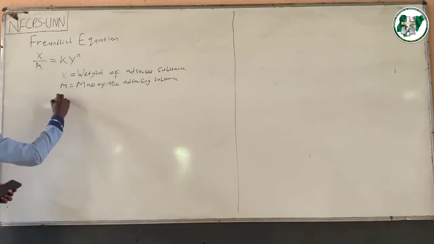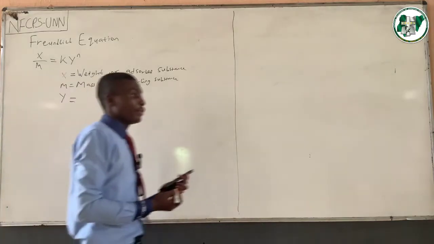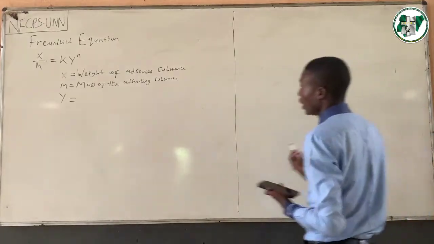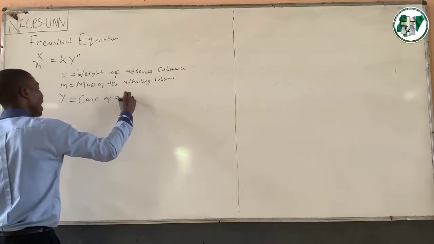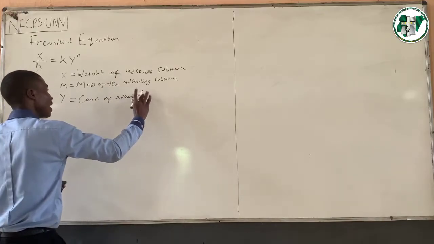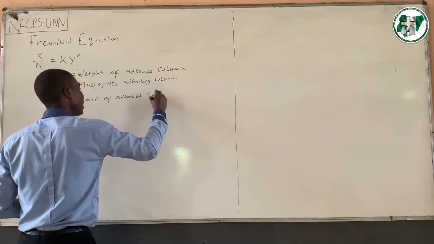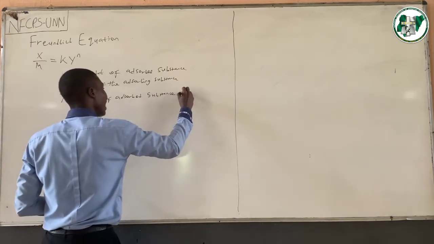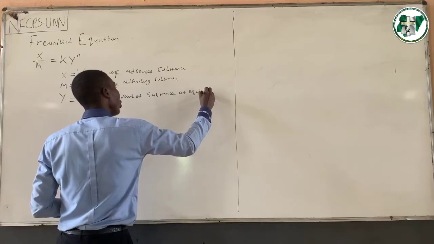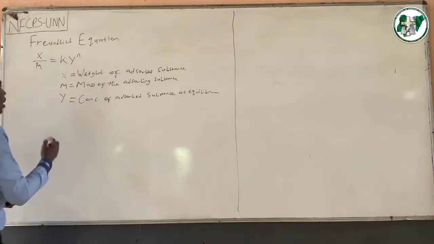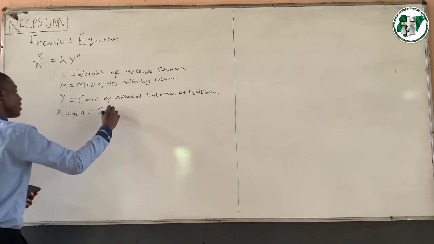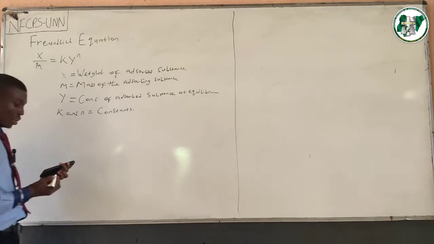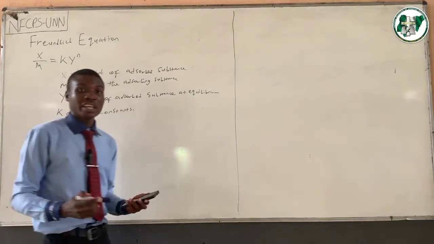And then our y, let's work with the y, please. Now, our y is actually the concentration of the adsorbed substance at equilibrium, and then our k and n are constants as the given condition in which the experiment is being carried out.